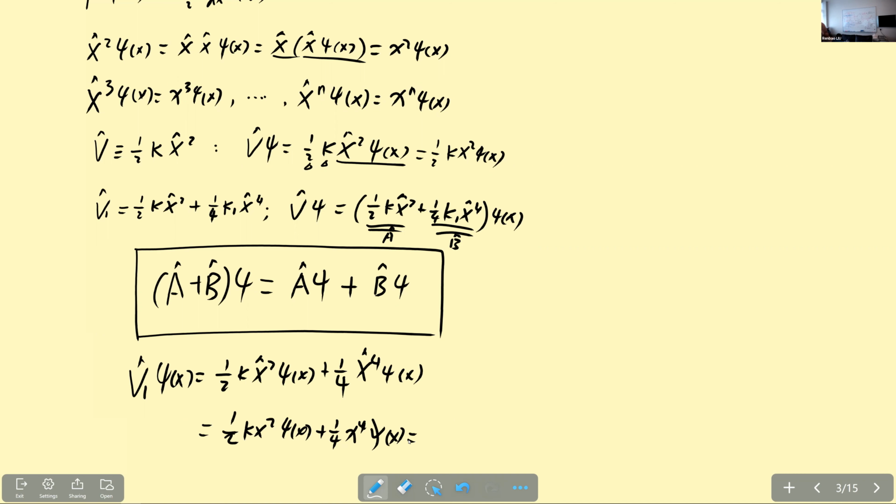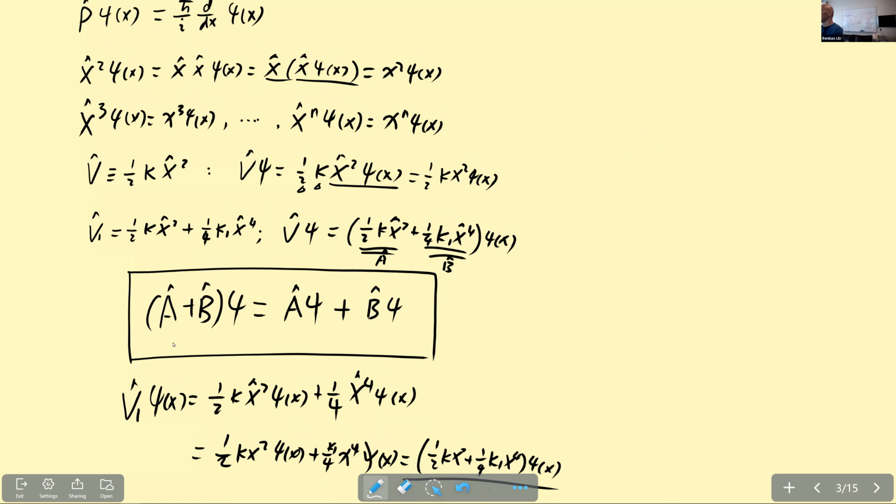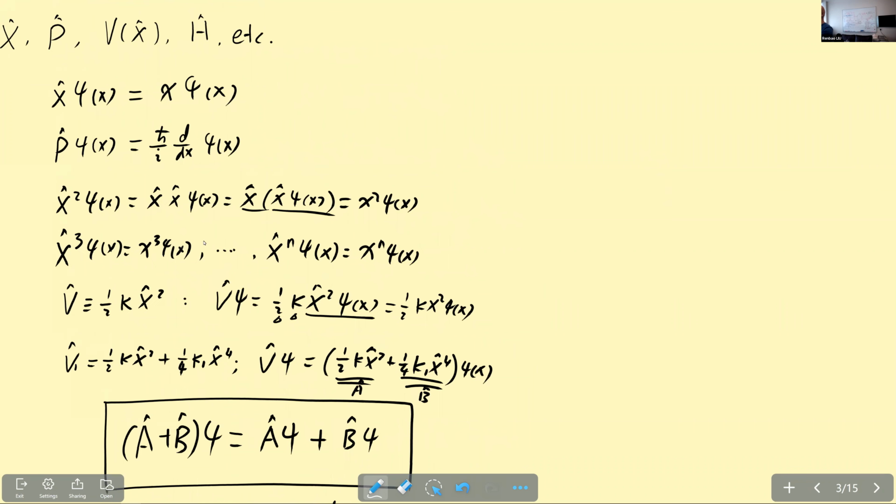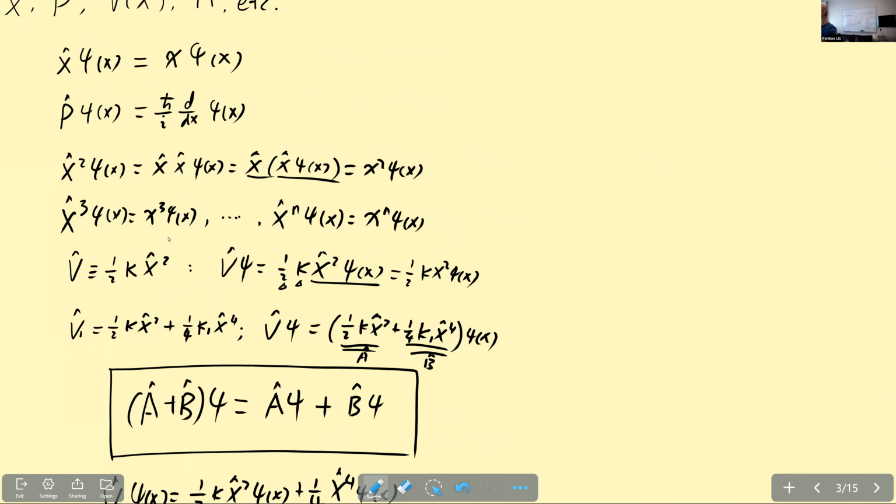That equals 1/2 k x squared plus 1/4 k1 x to the fourth power, times psi of x, right? So this is still very intuitive, okay? And then you can generalize this one.